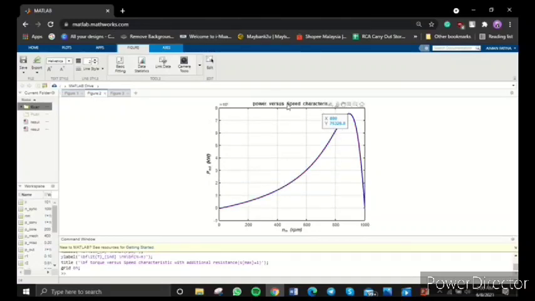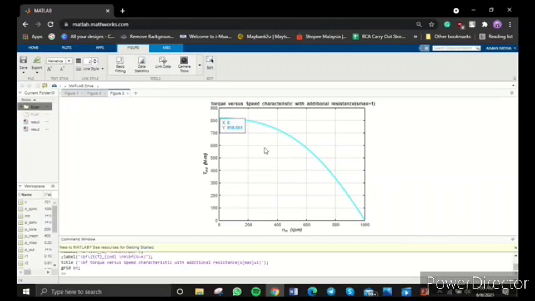For figure 2, this is the power out, 75 kilowatt at 890 RPM. And then for figure 3, torque versus speed characteristic with additional resistance, Smax equal 1. So we achieve the goal we want. The Tmax occurs at starting. This is 818.